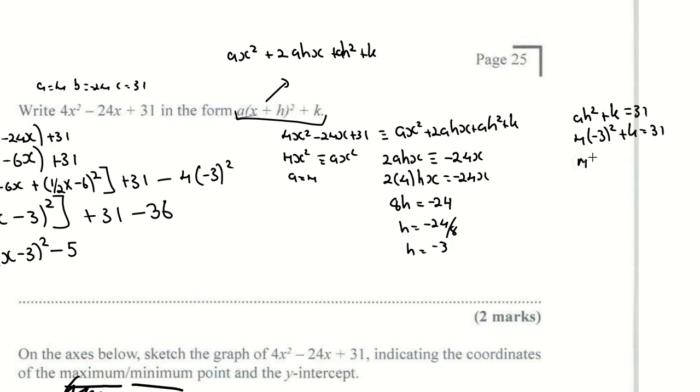So that's 4 by 9 plus k is equal to 31. So that's 36 plus k is equal to 31. So k would be 31 minus 36. So k is equal to negative 5. And that is the next way you can equate it. So you know a is 4, h is negative 3, and k is negative 5.